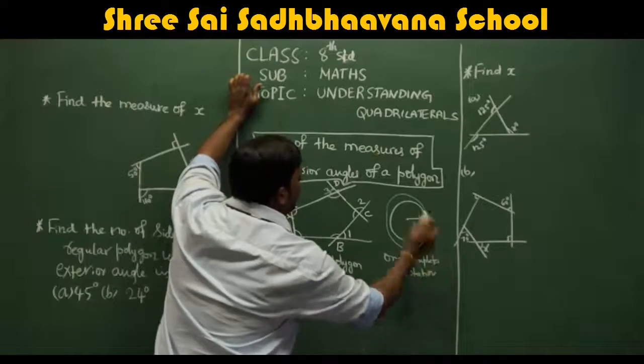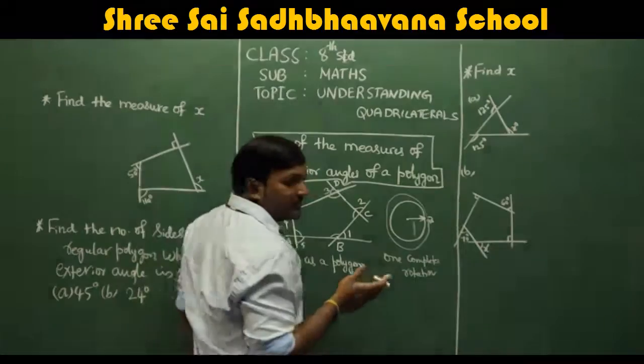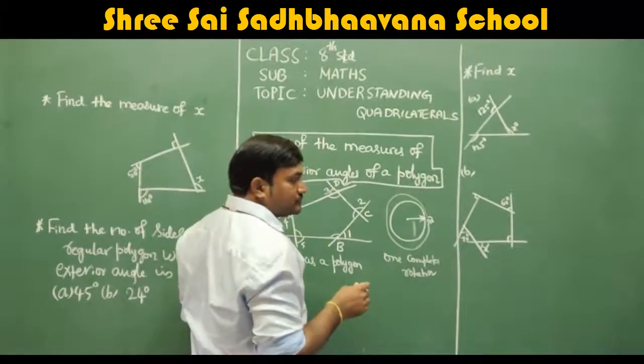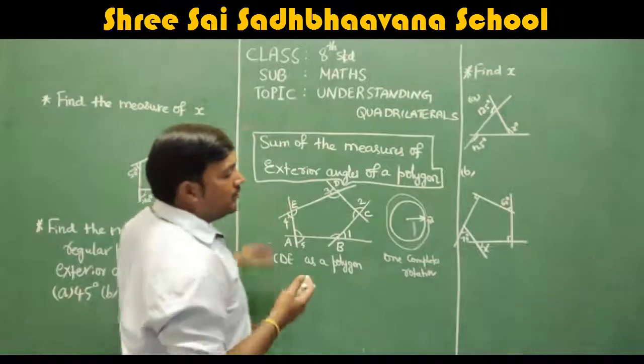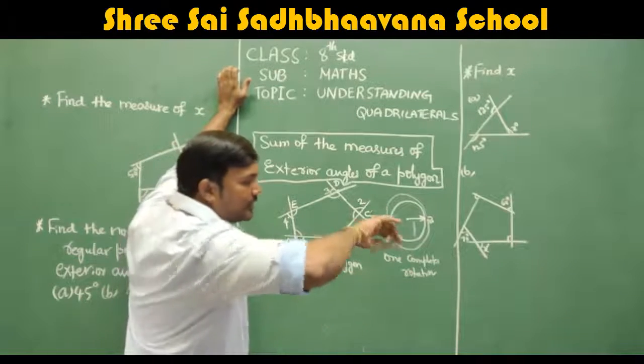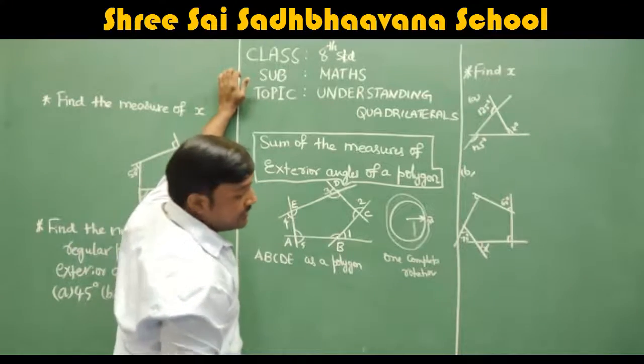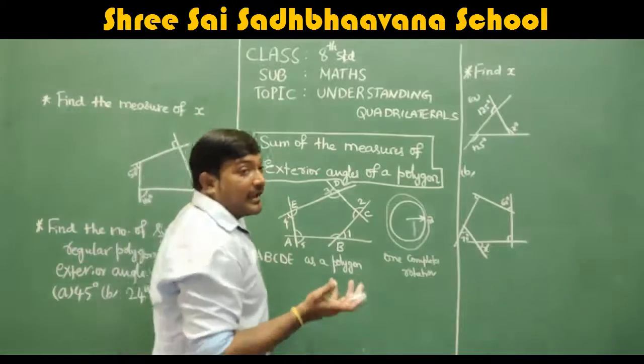Rotation means that if you start at one place, take a circular path and come back to the same place, just like displacement in physics you might have studied. Then what will be the angle made?